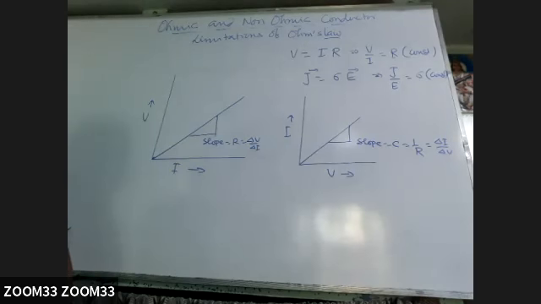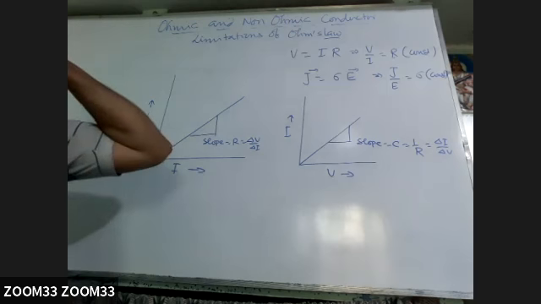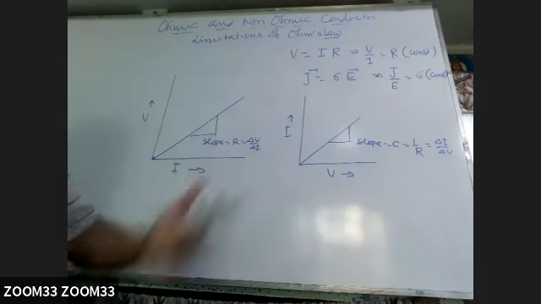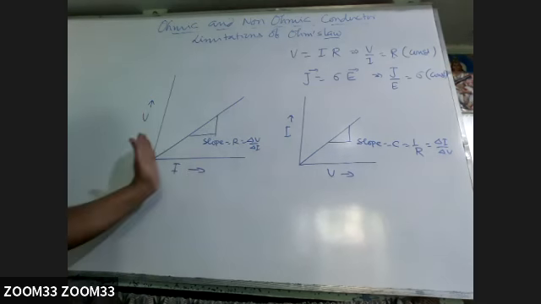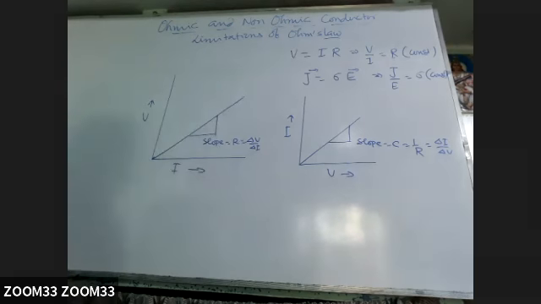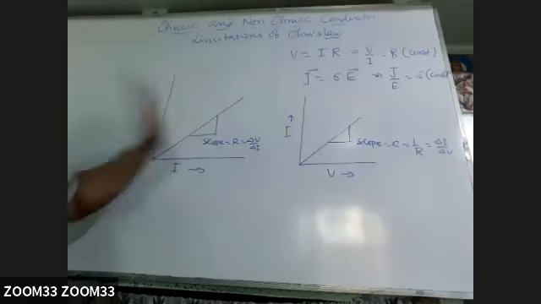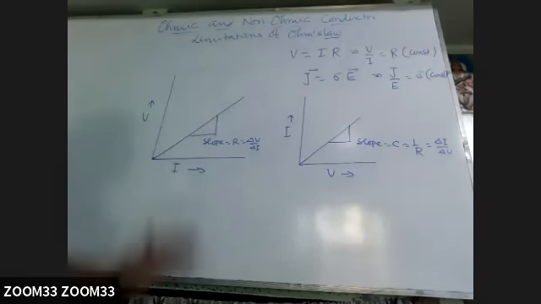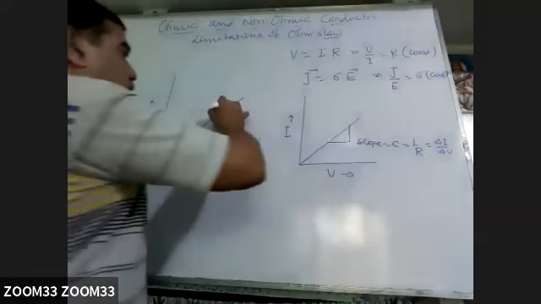With increase in current, R also increases. So this graph will not be a straight line. Up to a certain limit, this graph will be a straight line, but when you increase the current beyond a certain limit, then this graph will become a curve.